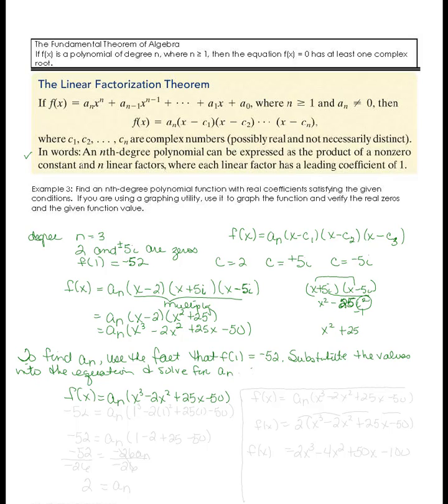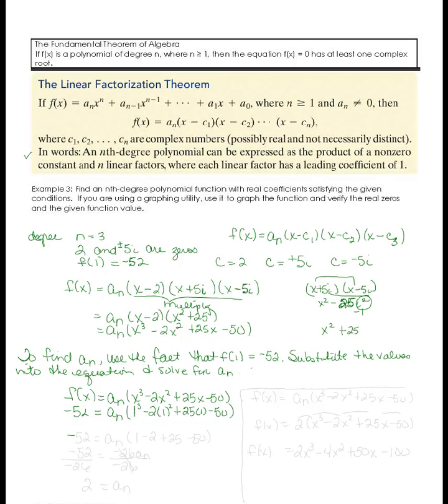At 1, we have a solution of negative 52. So we plug in negative 52 for f of x, and for x we substitute 1: a sub n times 1 cubed minus 2 times 1 squared plus 25 times 1 minus 50.